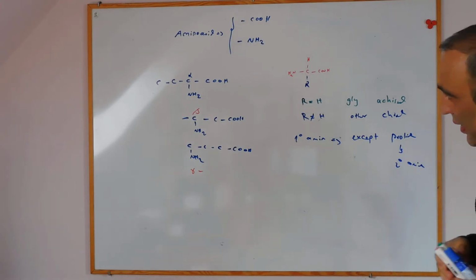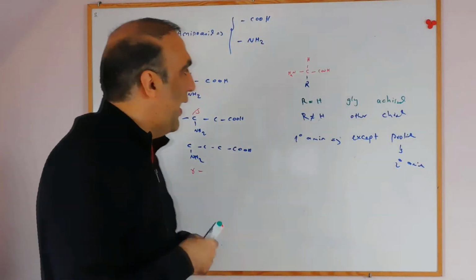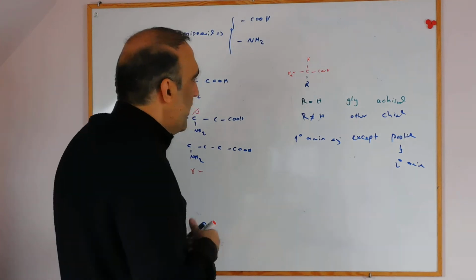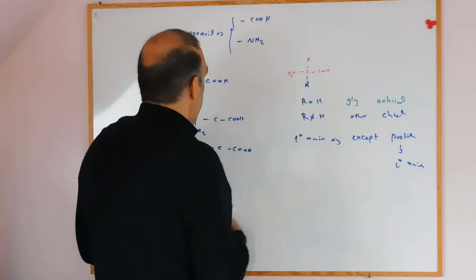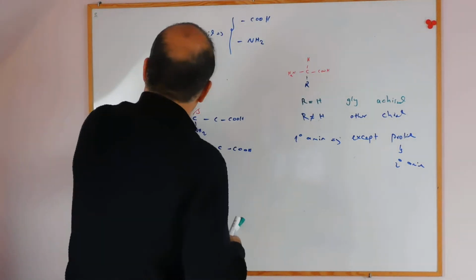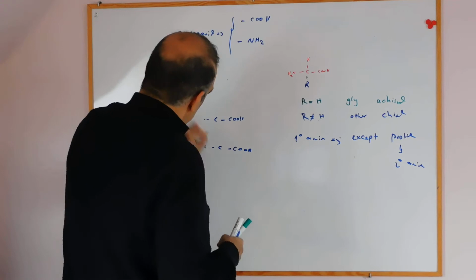Okay, amino acids are amphoteric molecules. They can react with both acid and base. Okay, it's important.